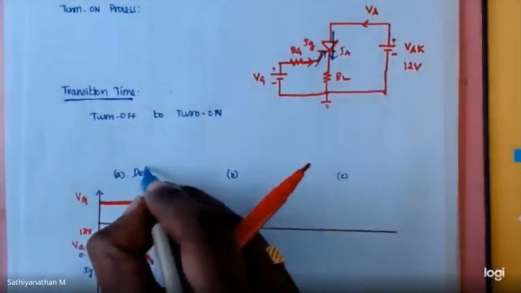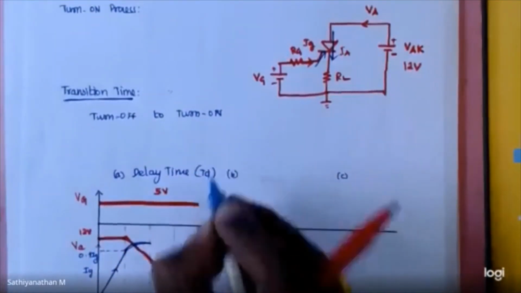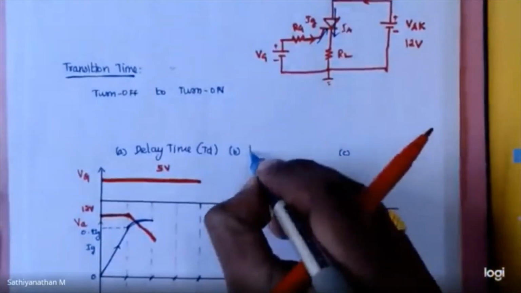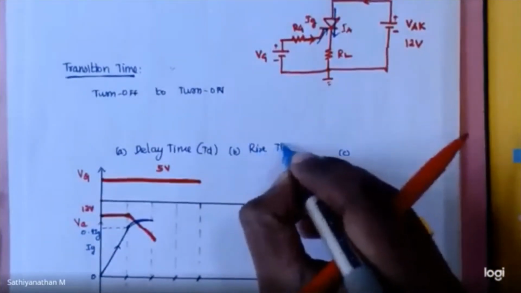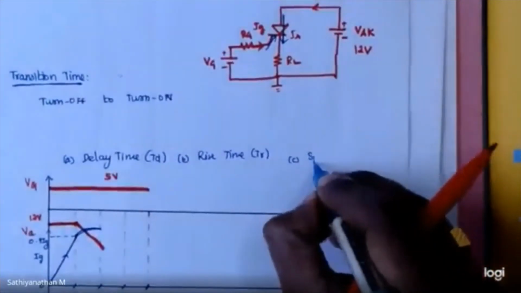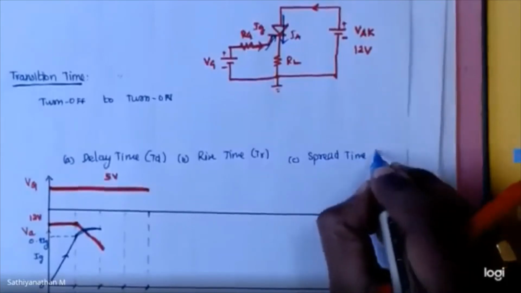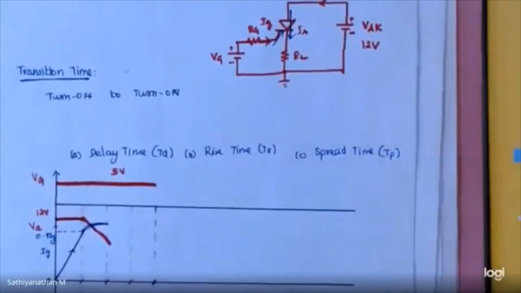One is delay time, TD, and rise time, TR, and one more time called spread over time, TP.